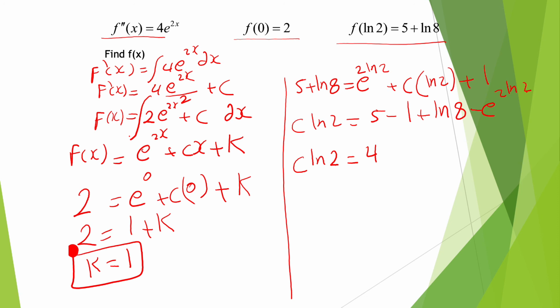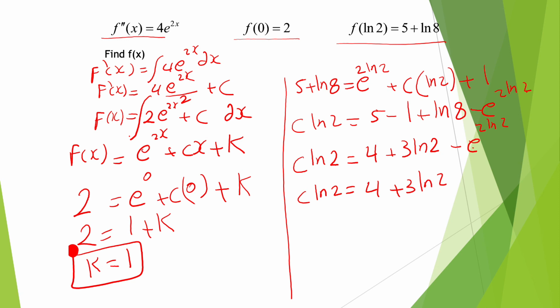Ln 8, I can write as ln 2 to the power of 3. So therefore I can write it as 3 ln 2 minus e to ln 2. And now we can simplify this further by having c ln 2 equal 4 plus 3 ln 2.